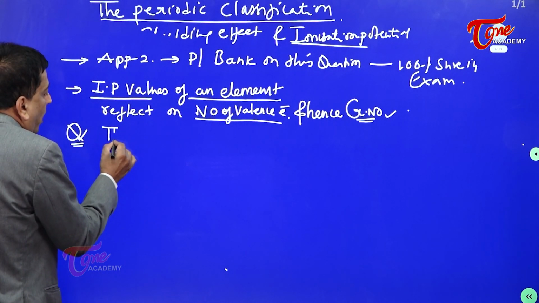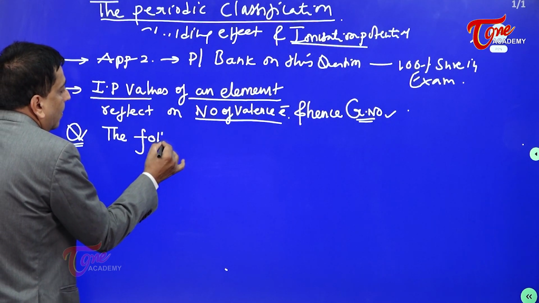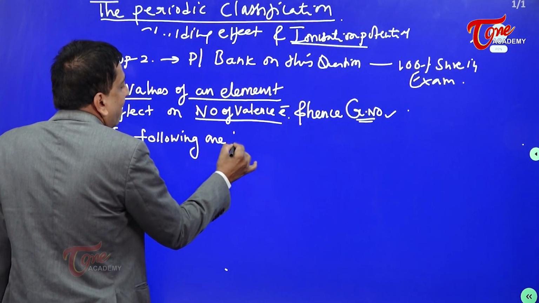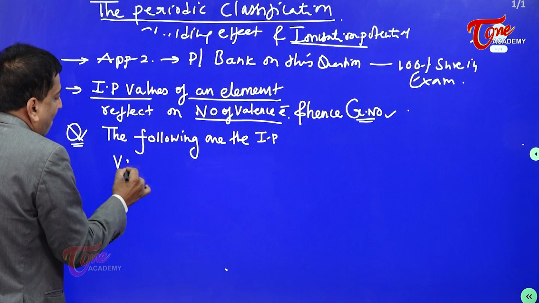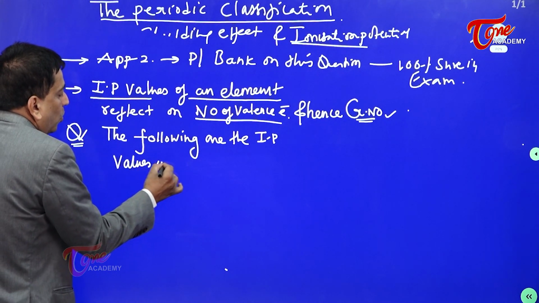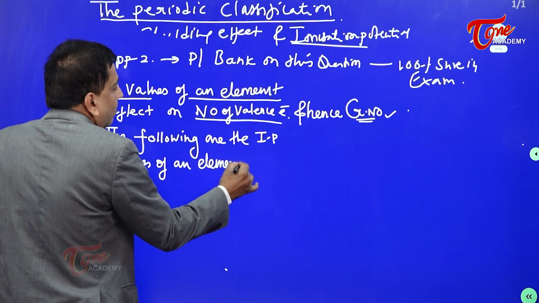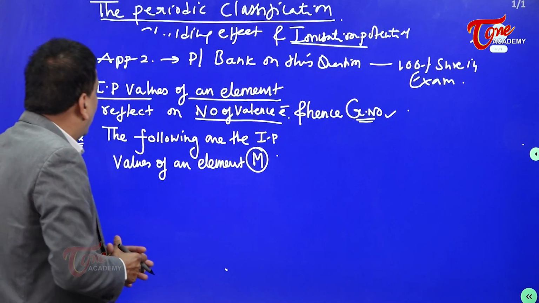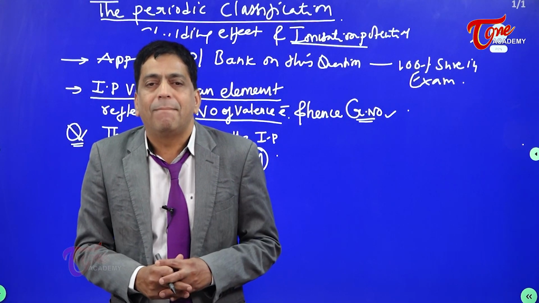The following are the ionization potential values of an element M, right?